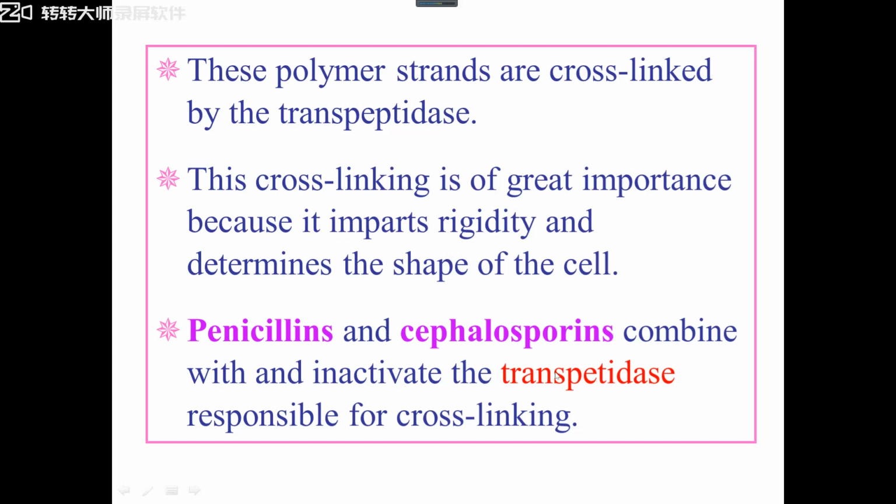And these drugs can kill bacteria. So the first mechanism: penicillins, cephalosporins, and vancomycin can inhibit transpeptidase, inhibit cell wall synthesis, and they are bactericidal, can kill bacteria. Okay.